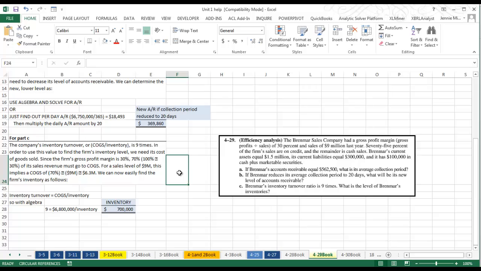So for 9 million in sales, if we multiply that times 70%, that'll give us $6.3 million in cost of goods sold. Now we can calculate it by taking that 6.3 million and dividing it by 9 for my turnover, and I will end up with my new inventory of 700,000.